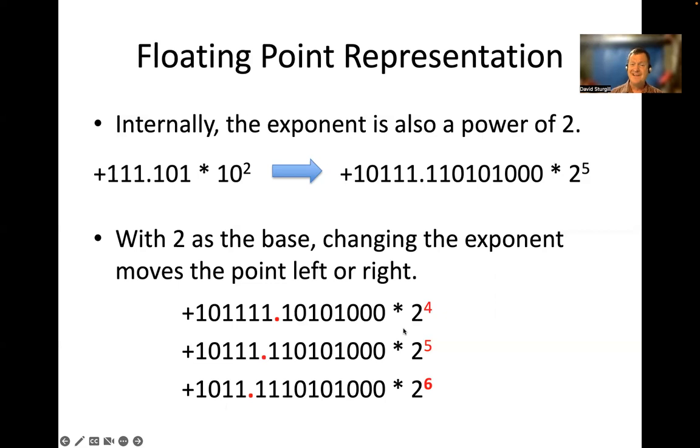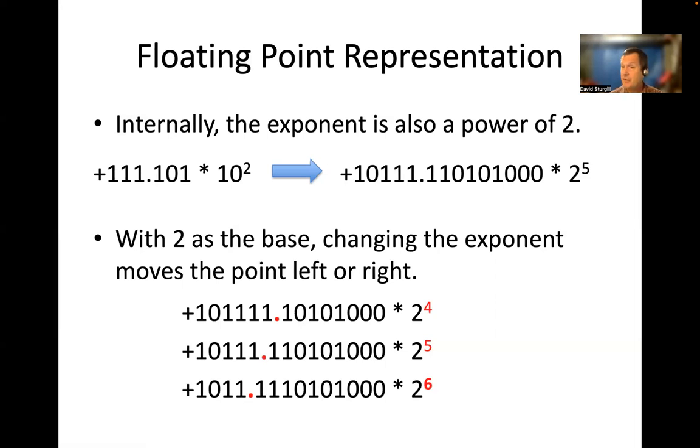Another thing to notice here is that when you're writing down a number in floating point, it looks like there are multiple ways of writing down the same number, at least in scientific notation. This number is the same as this number is the same as this number. I've moved the point, but I compensated by changing the exponent.